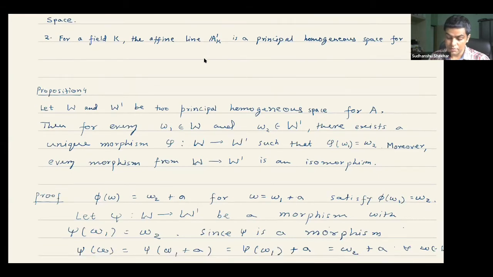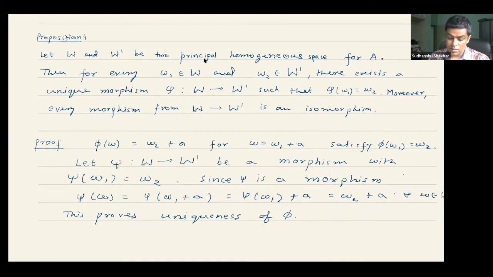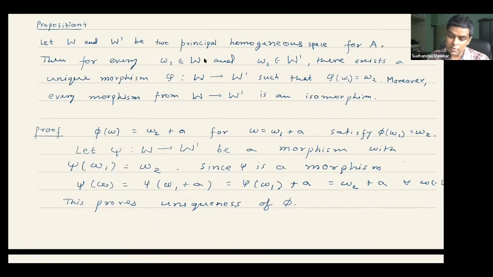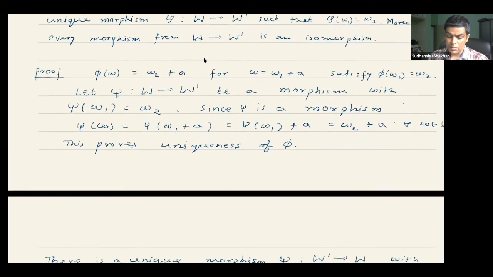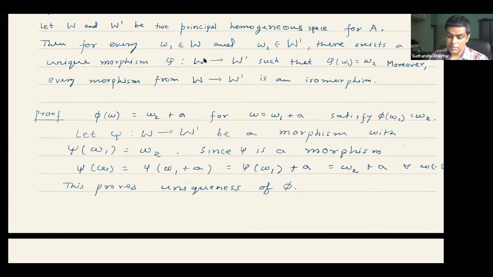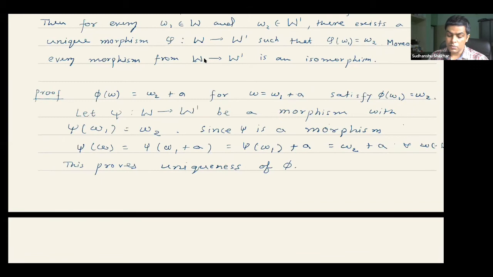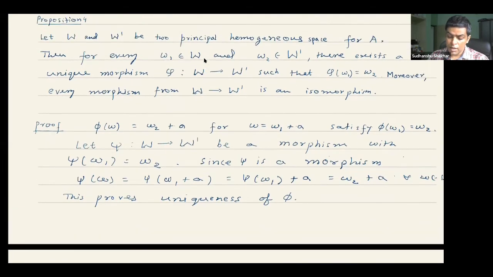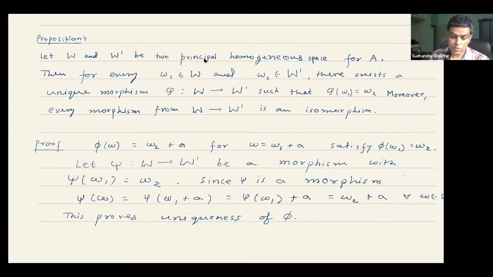This should be immediate if we look at the other definition which I gave in terms of free and transitive action. Let me just briefly say why it is true, using our definition. First of all, we want to define a function from W to W prime.